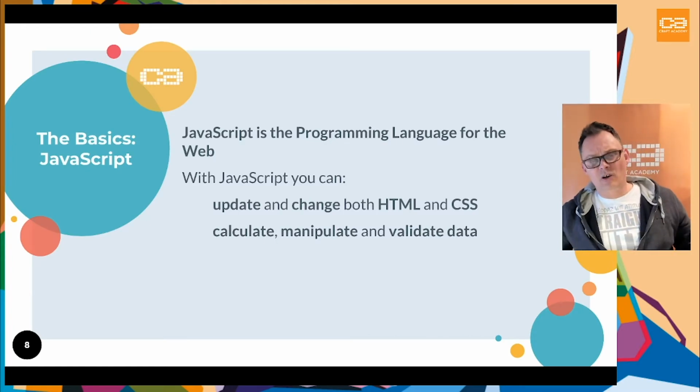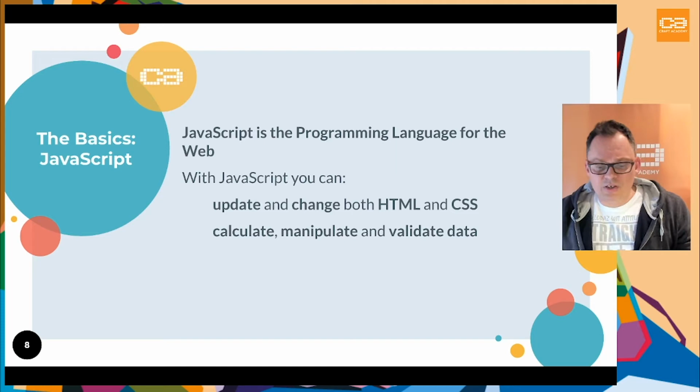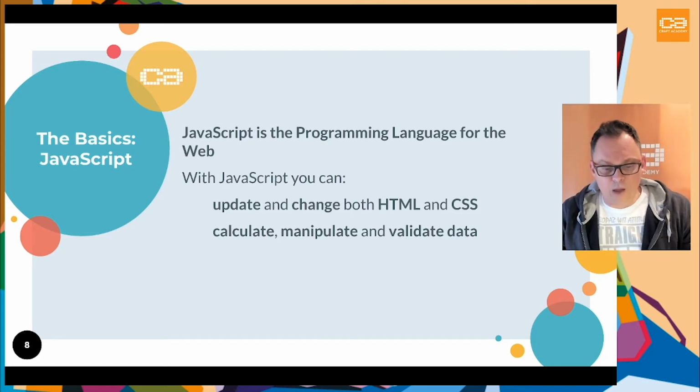Now, let's talk a little bit about JavaScript. JavaScript is the programming language of the web. And with JavaScript, you can update, change both the look and feel of your HTML and CSS, the things that you are displaying to your users on the screen, but also it comes with all the functionality that many programming languages have. You can calculate, manipulate data, and so forth, right?